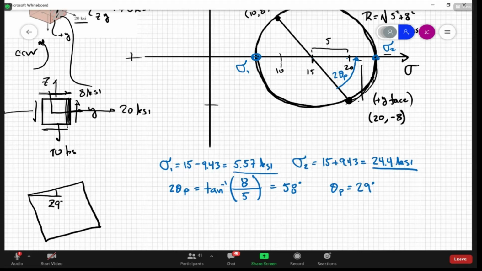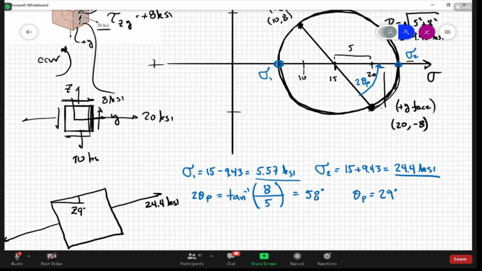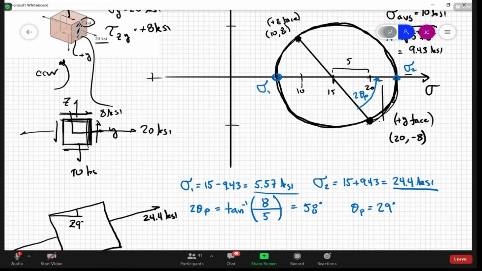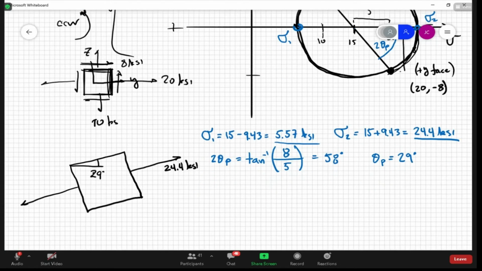That one is going to have the larger stress, the 24.4 KSI acting on it. And this top face, this point here corresponded to the upper surface. That rotates down, and the normal stress on there is the first principal value, the 5.57. And there you go.